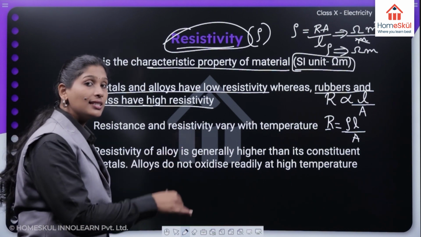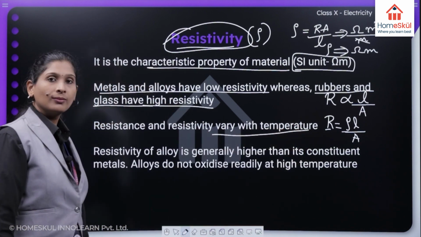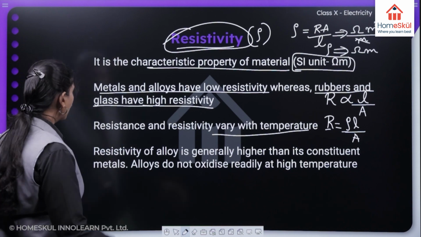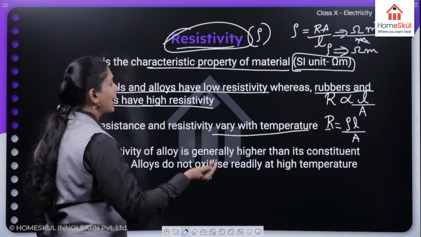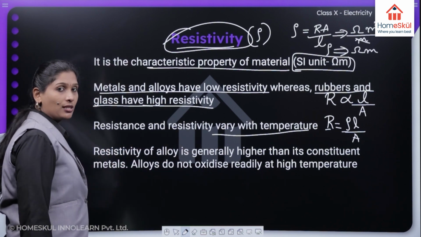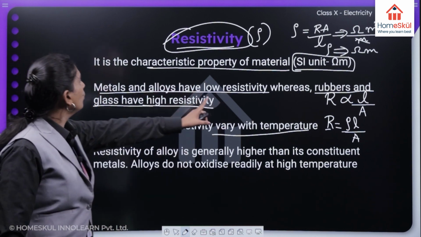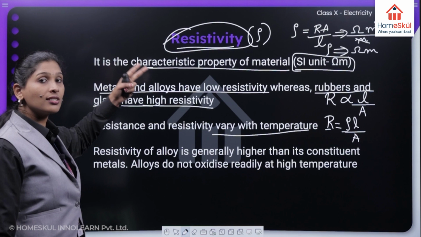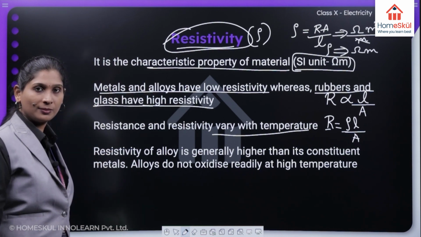And we know that the resistance and resistivity both vary with temperature. Now, you can see here that the resistivity of an alloy is generally higher than its constituent metals. Metals and alloys have low resistivity, but alloys have higher resistivity compared to their constituent metals.